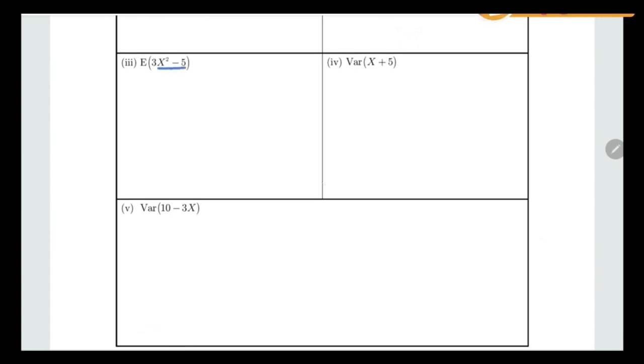Alright, then next, the expected value of 3x squared minus 5. We are going to use this kind of property. If we have the expected value of ax squared plus bx plus c, it will equal a times the expected value of x squared plus b times the expected value of x plus c. So we are going to rewrite this as 3 times the expected value of x squared, minus 5.